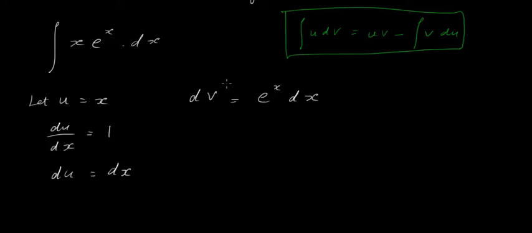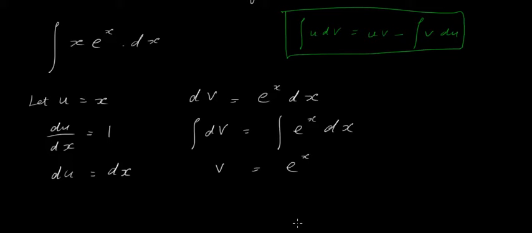Now if we integrate both sides of this equation, the integral of dv is equal to the integral of e to the power of x dx. What do we end up with? Well, if you integrate 1 with respect to v, you get v. And if we integrate e to the power of x, we get e to the power of x. So we have everything we need to proceed.